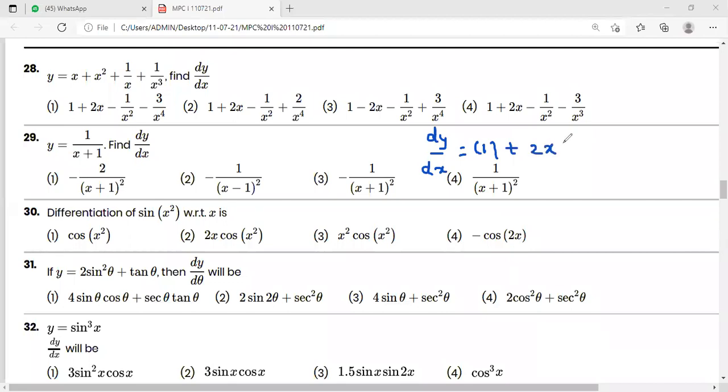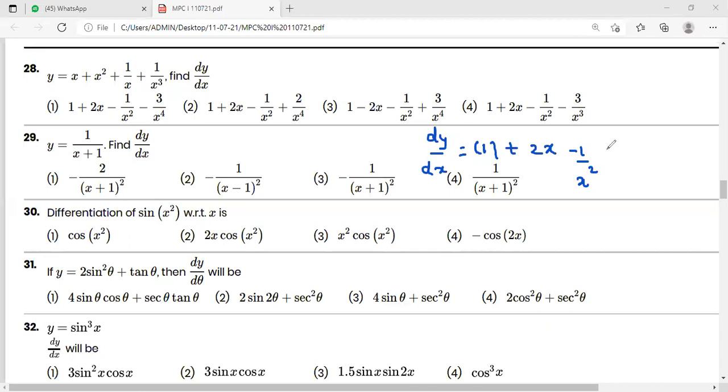By using the formula, derivative for x power n is n into x power n minus 1. Based on that, the third function is given 1 by x, that is x power minus 1. X power minus 1 means that is minus 1 into x power minus 1 minus 1. That means x power minus 2, that is 1 by x square.